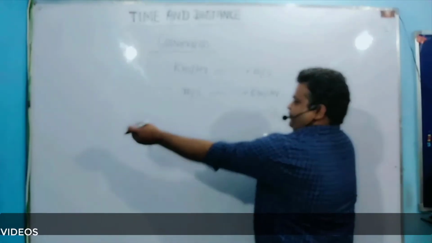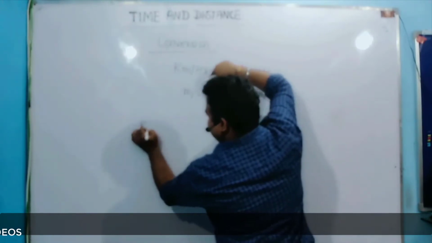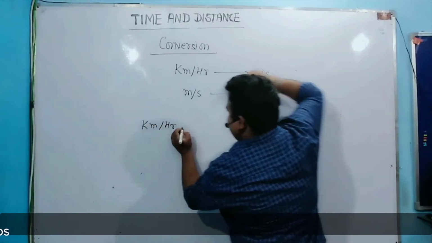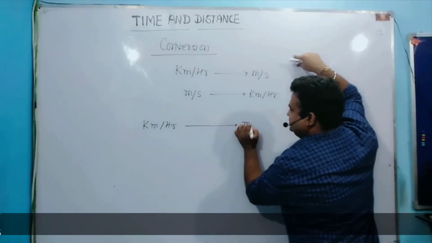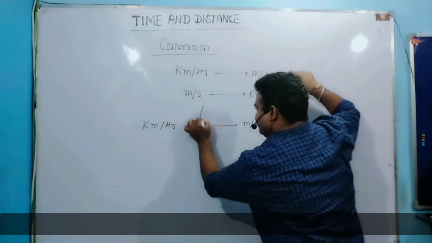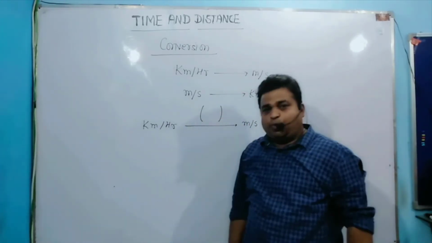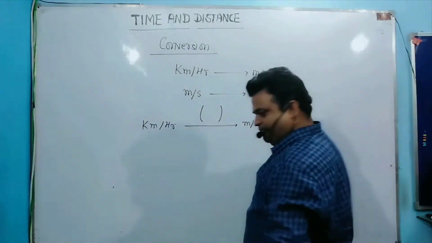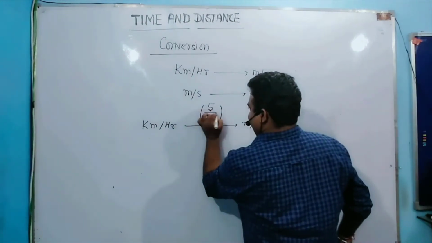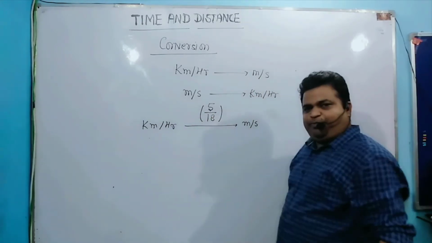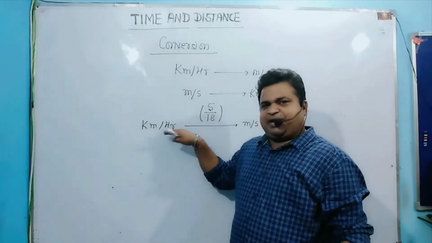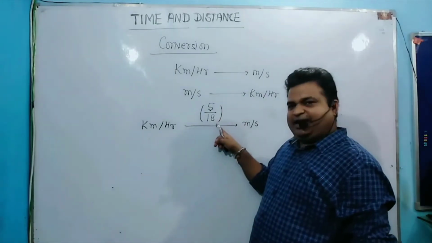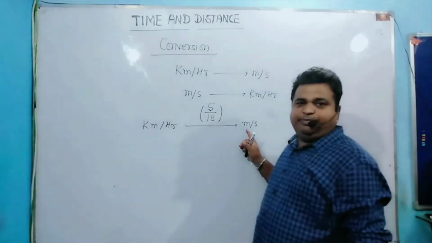If your value is in kilometer per hour, then what is the important factor to convert kilometer per hour into meter per second directly? I am giving you one multiplication, which is 5 by 18. If you multiply any kilometer per hour value by 5 by 18, you will get the value in meter per second.